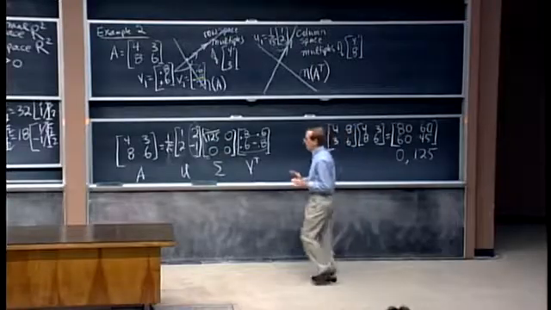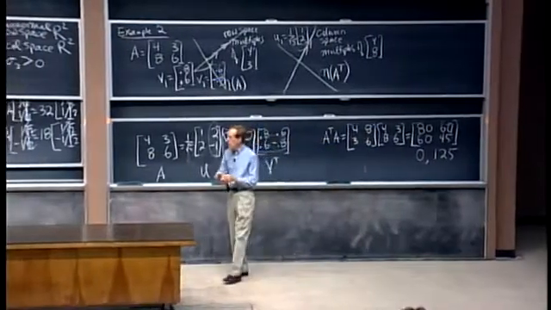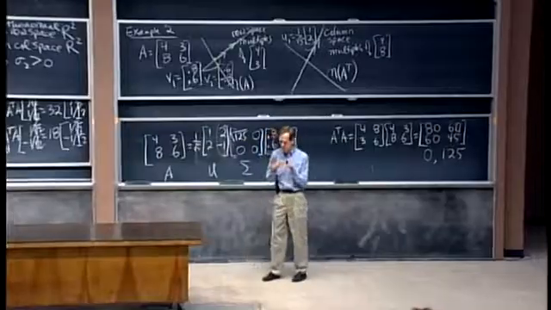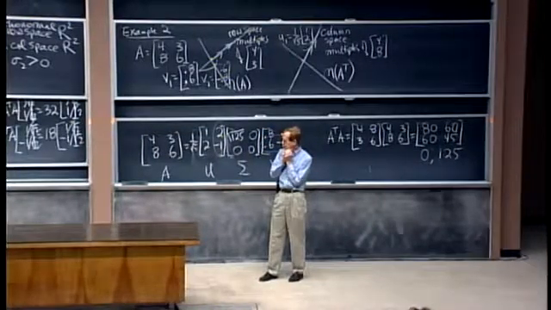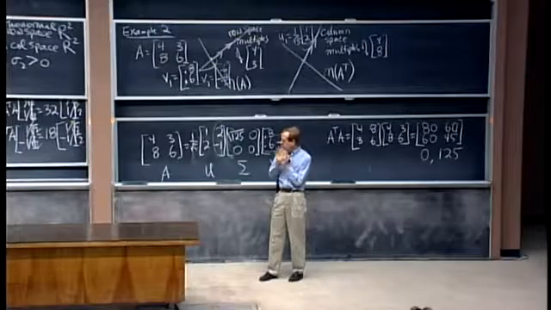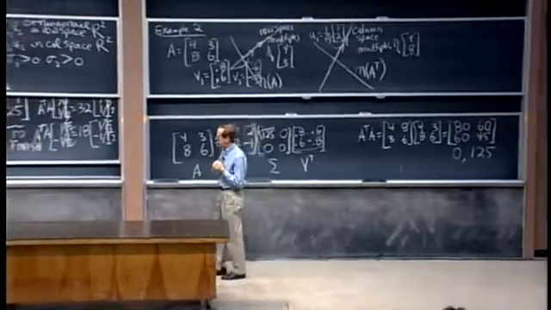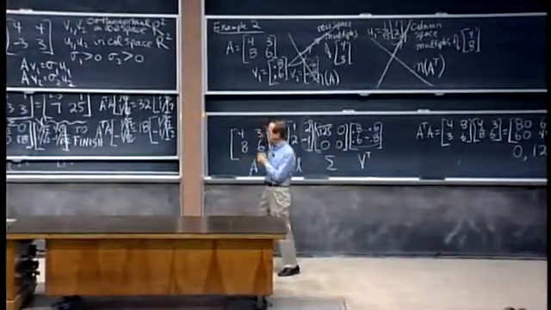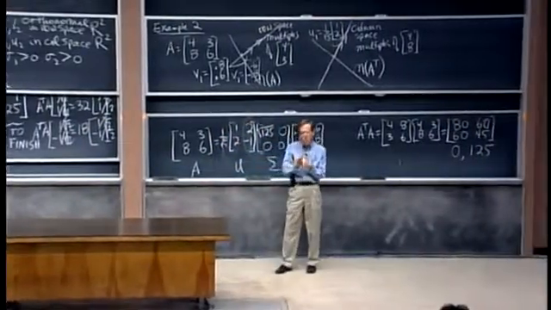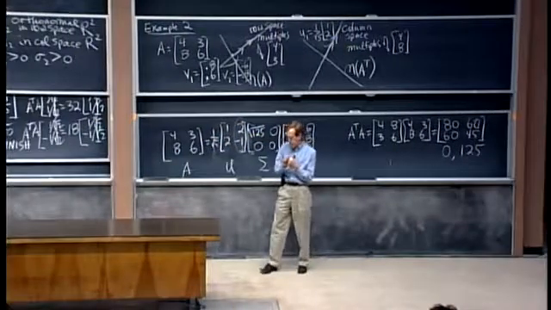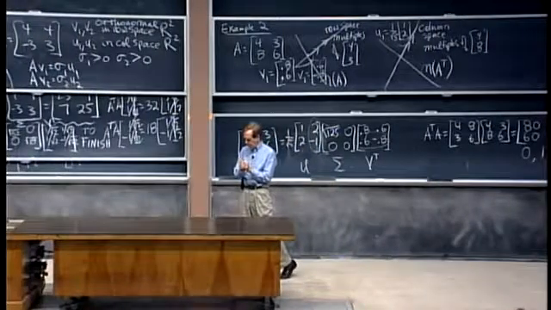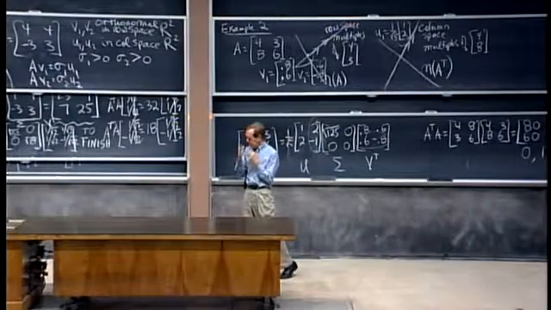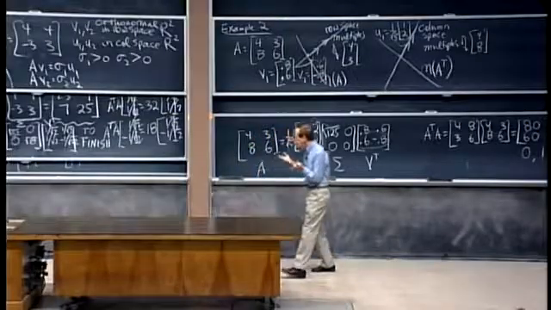So let me think what I want to add to complete this topic. That's 2 examples. And now let's think what we're really doing. We're choosing the right basis for the 4 subspaces of linear algebra.